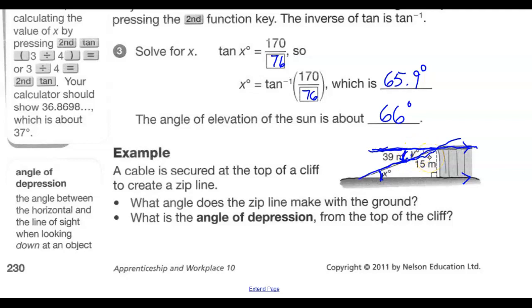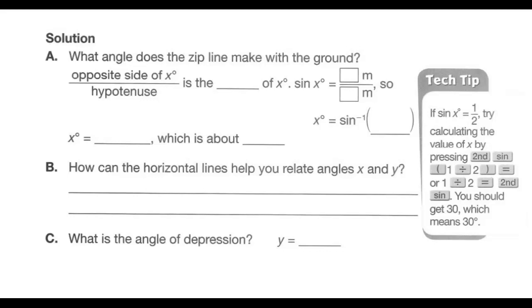Okay, so we have two sides. We have the opposite to X, and we have the hypotenuse. So that is sine. So what angle does the zip line make with the ground?